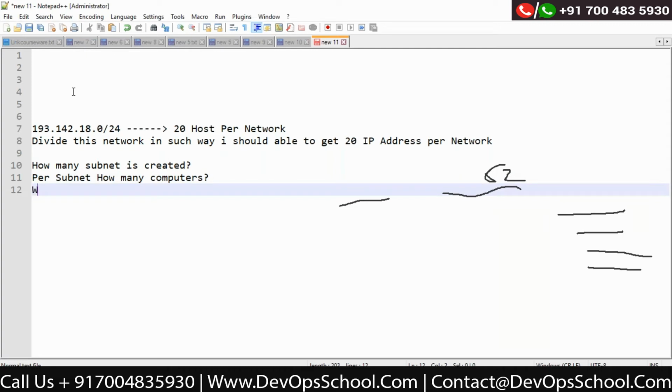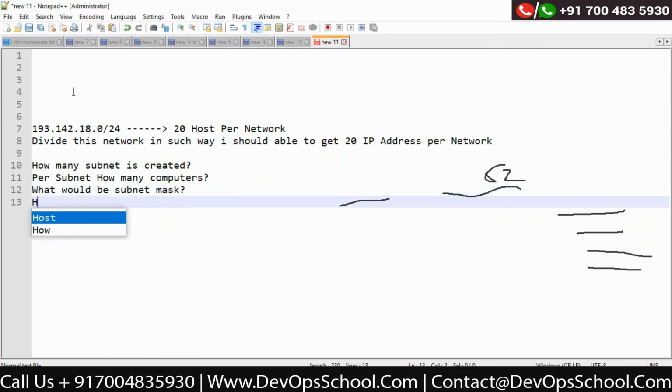Okay. What would be the subnet mask? Okay.